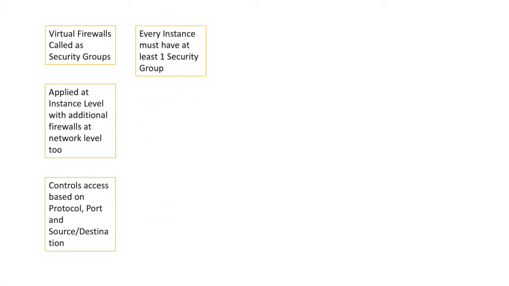Next thing is every instance must have at least one security group. So we saw that if we had just gone ahead with the default settings, it would have created a security group by default, and given it a default name also if we had not selected one. We provided the security group from our end, but if it sees that there is a Linux instance, it would have created a security group which corresponds to SSH connection, and in case of a Windows machine, it would have created a security group which corresponds to RDP connection.